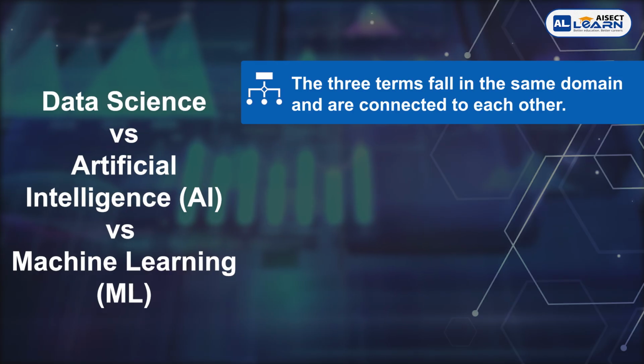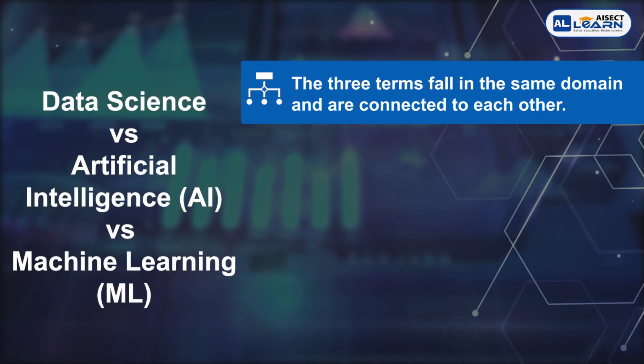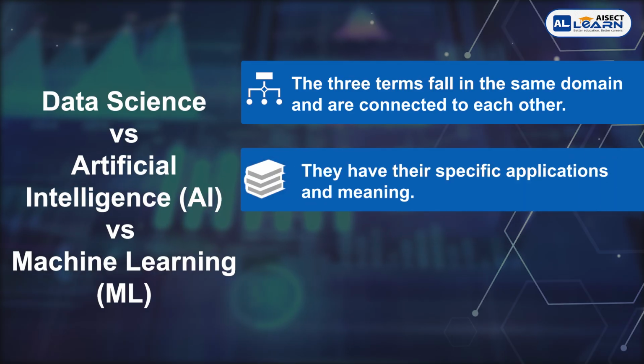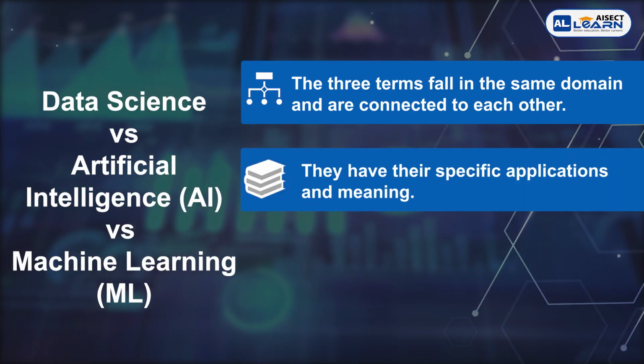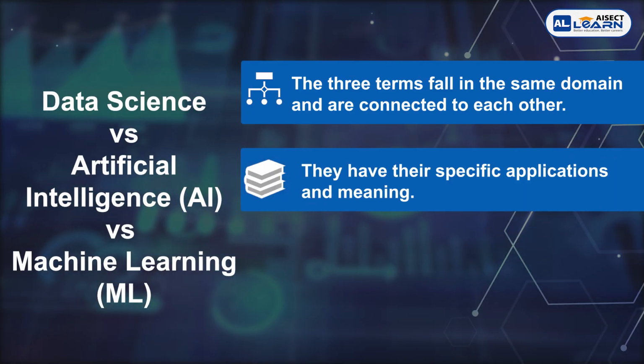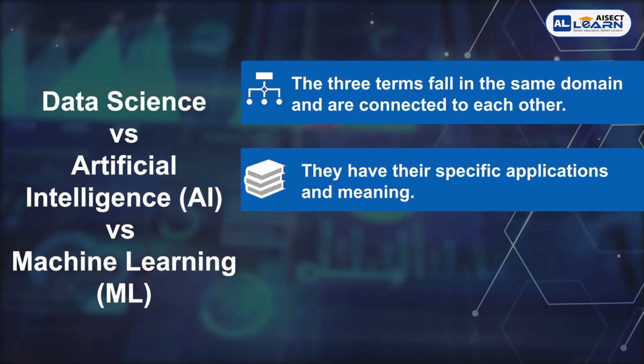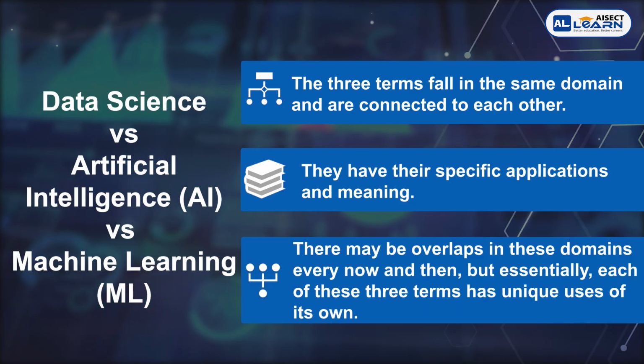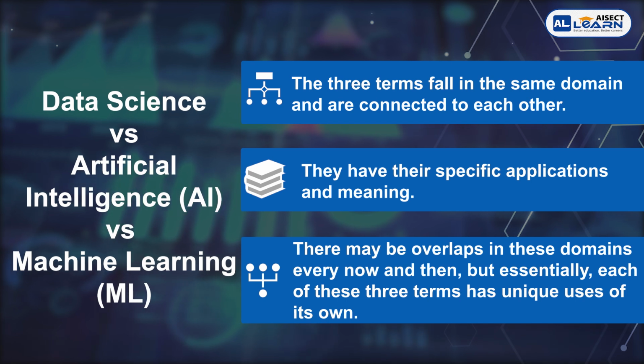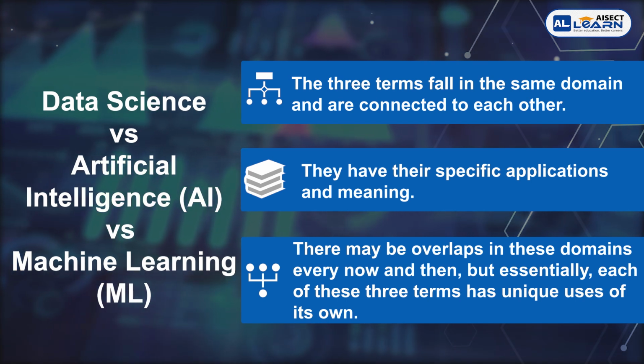First of all, we need to understand these three terms are connected with each other. Even though they are connected, they do have specific meanings and applications. Nowadays and in future also, these terms overlap, but each of them has unique uses of its own.